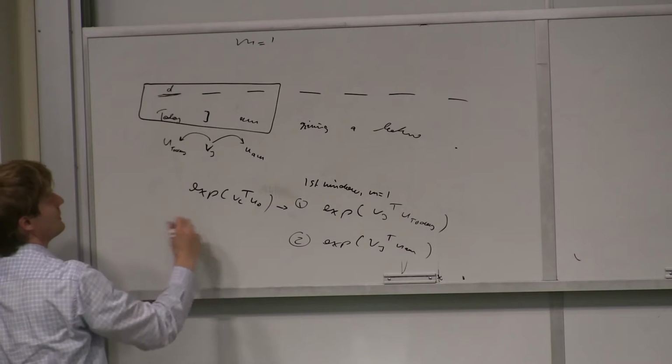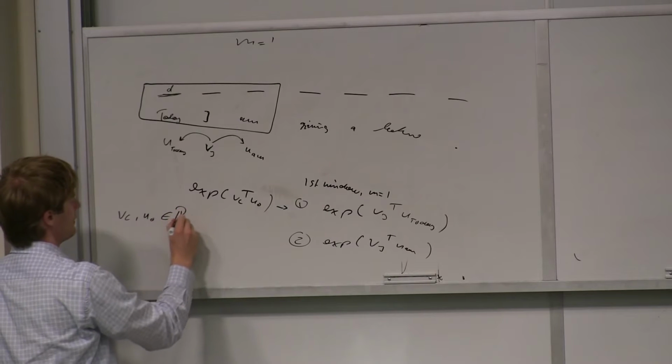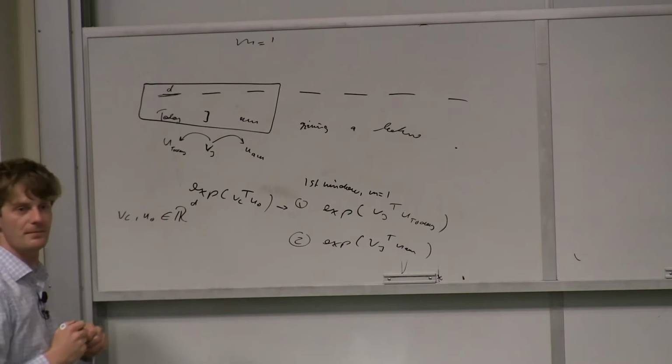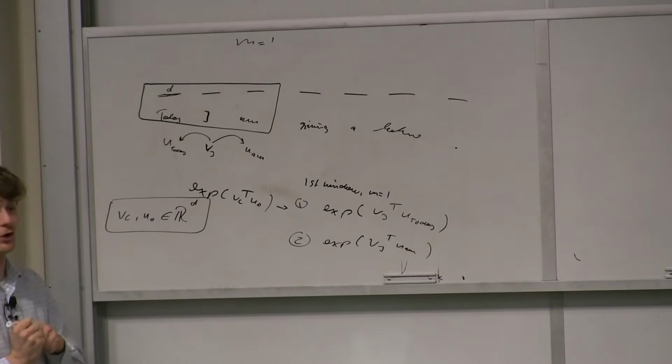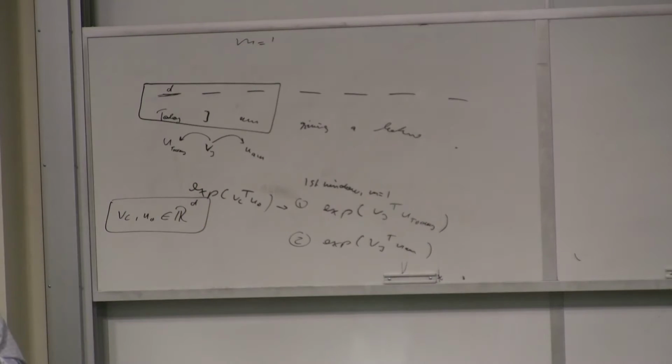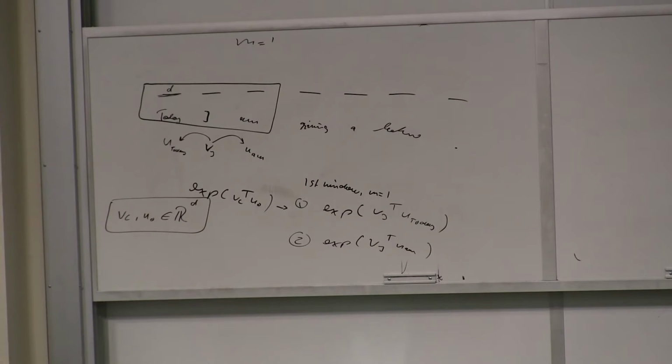So this is just v_c, and u_o will always be in R^d. And you'll go over that in a lot of detail in problem set 1. And given that there might not be as many questions for your projects yet, I'll have 2 hours of office hours today after lecture. So if you have any questions about this model, it's still a good time to ask.